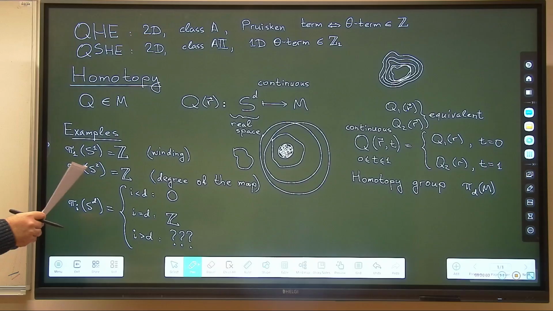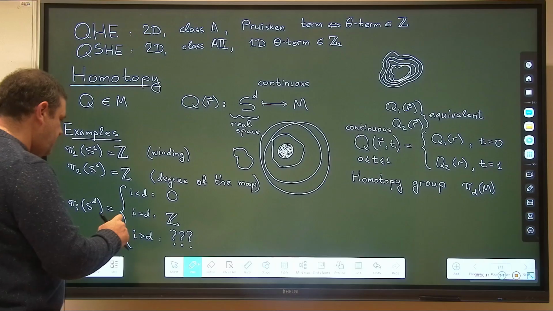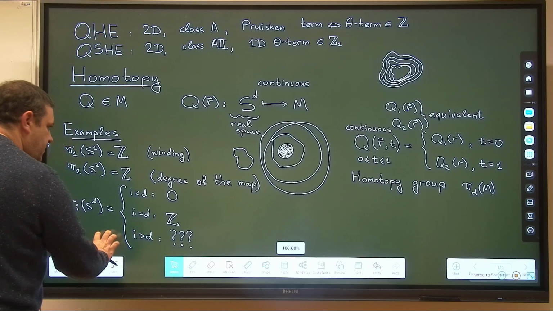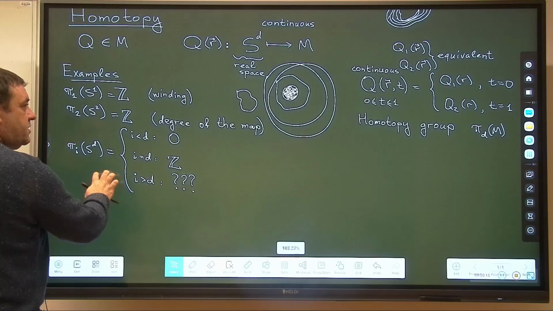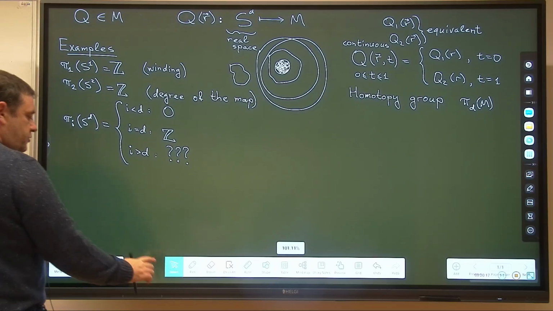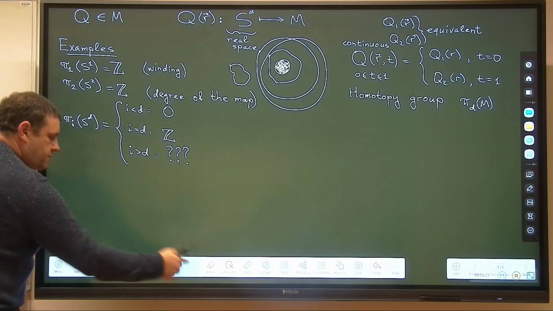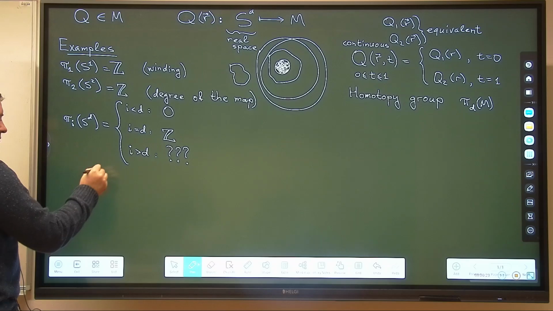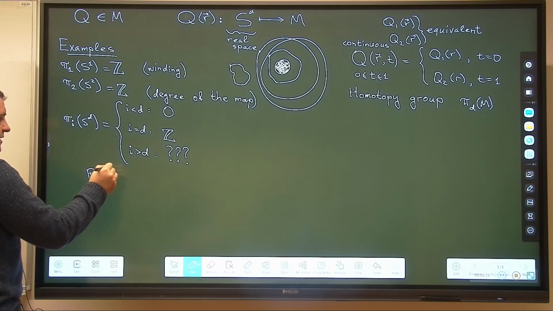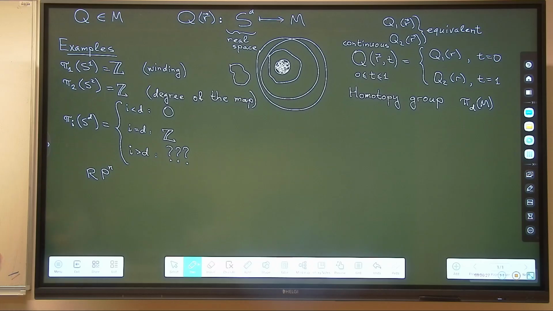Okay, let's consider some other spaces other than spheres. There is such a thing which is called real projective space, RP^n, real projective space N. How many of you know what this means?